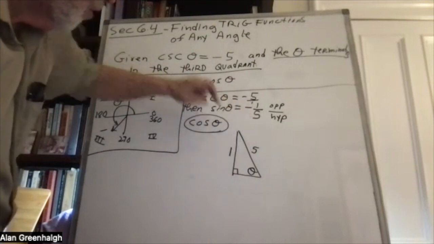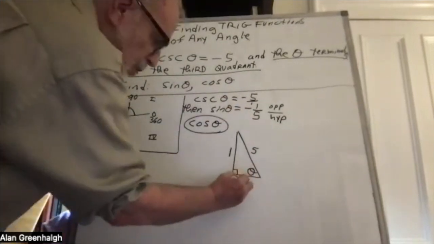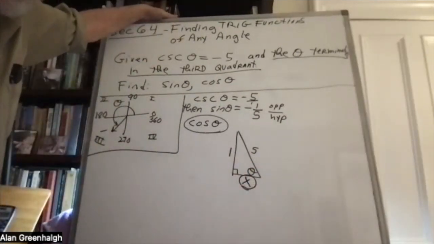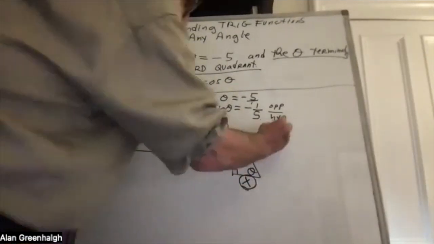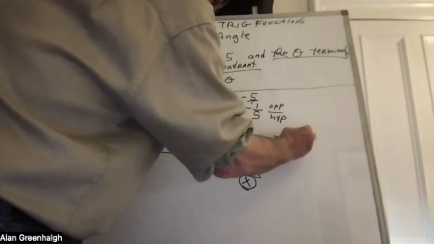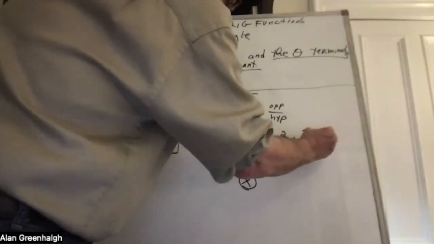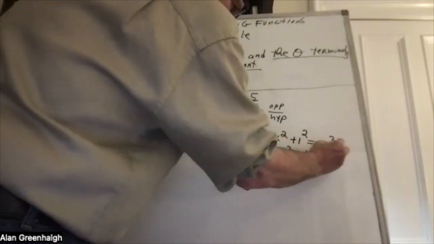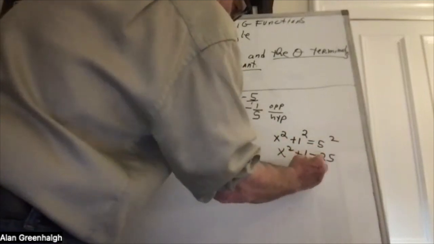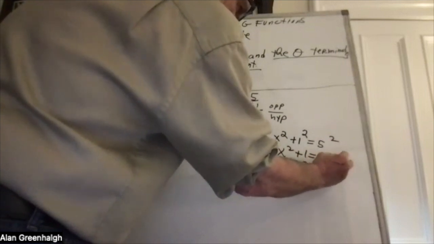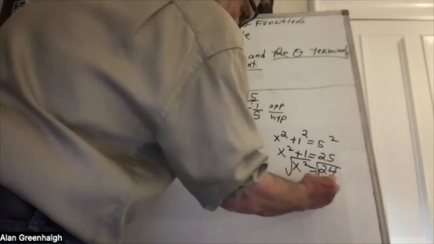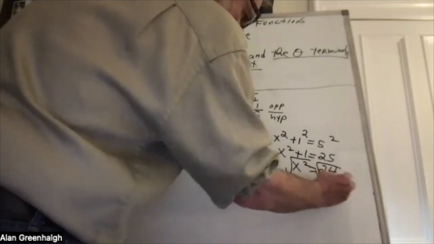So that's -1/5. And now we need to know what x is in order to figure out what the cosine is. So we use the Pythagorean theorem. X equals the square root of 24.